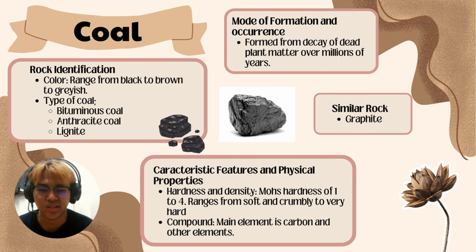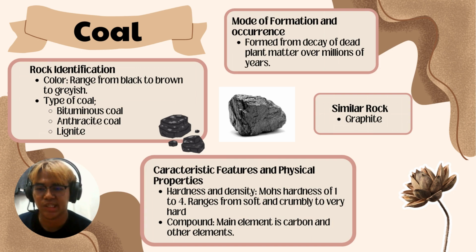The composition: the main element in coal is carbon. It can contain other elements such as hydrogen, sulfur, and oxygen. Unlike minerals, coal lacks a fixed chemical composition and crystal structure.